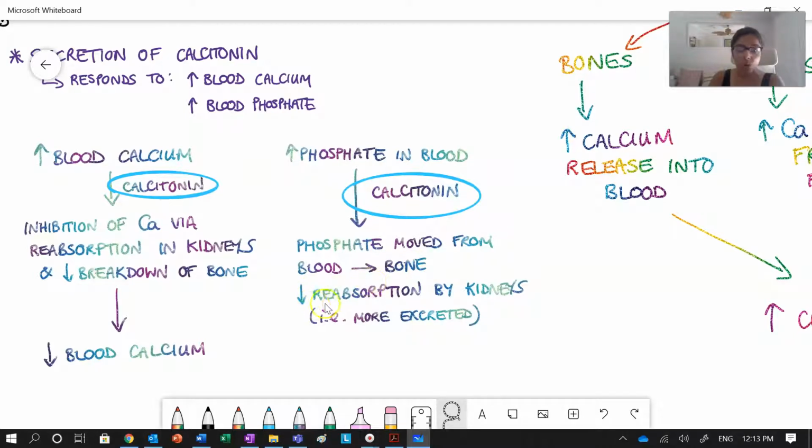And it will also inhibit reabsorption by the kidneys. So what we're saying here is more phosphate is also excreted. Okay, again, our stimulus was an increase in blood phosphate concentration. Calcitonin acts to bring those levels back down.